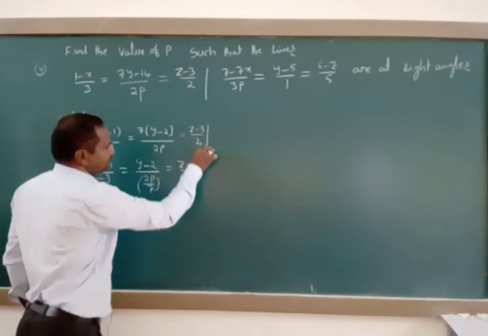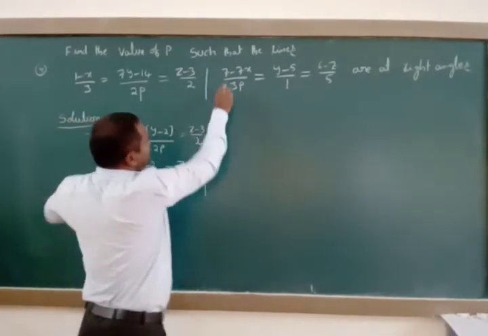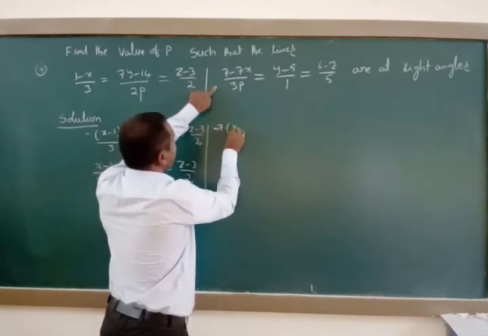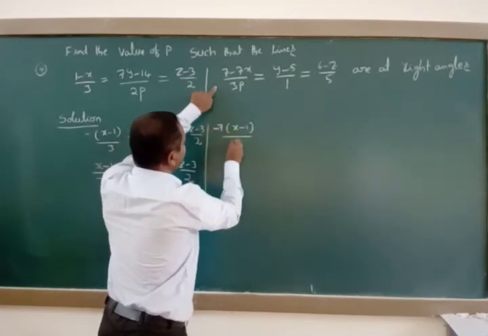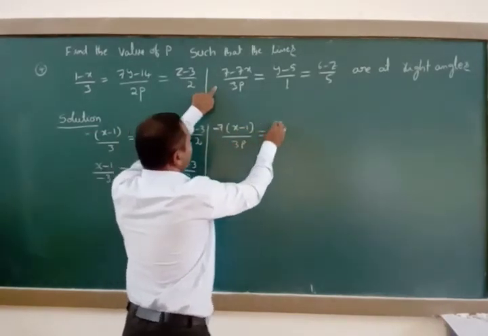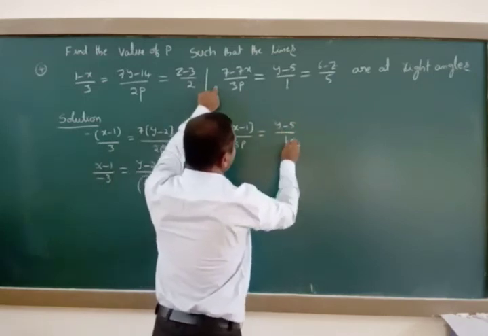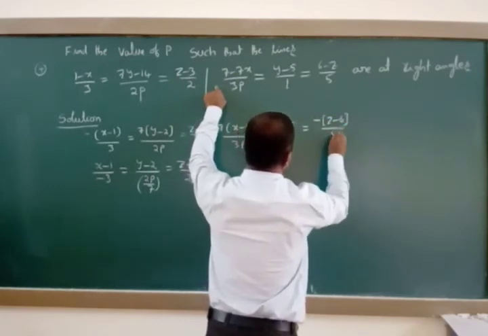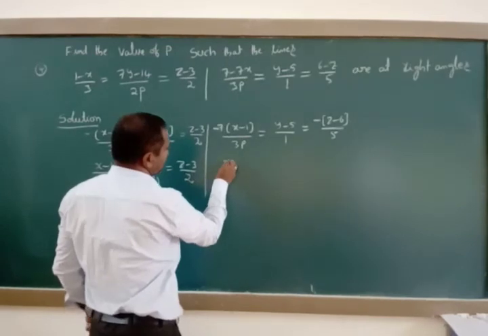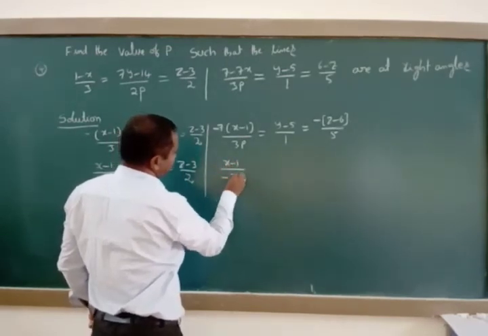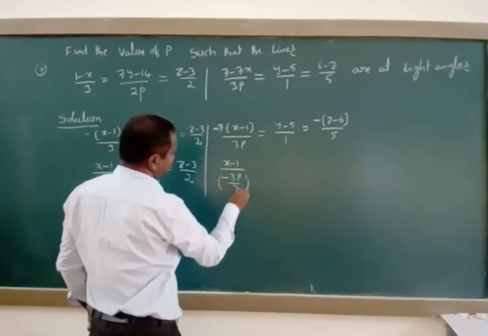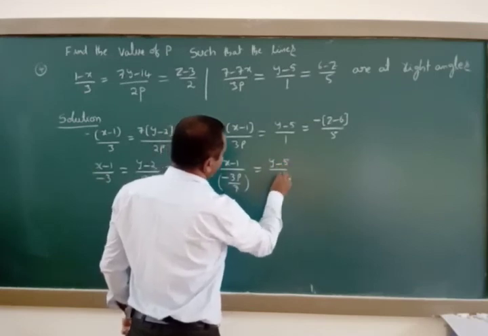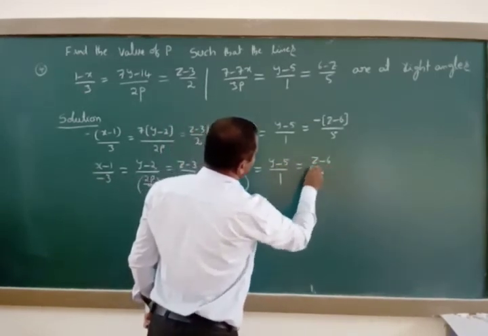In the second line, take 7 common, and minus common, then we get (x minus 1) by 3p by 7, (y minus 5) by 1, (z minus 6) by minus 5.